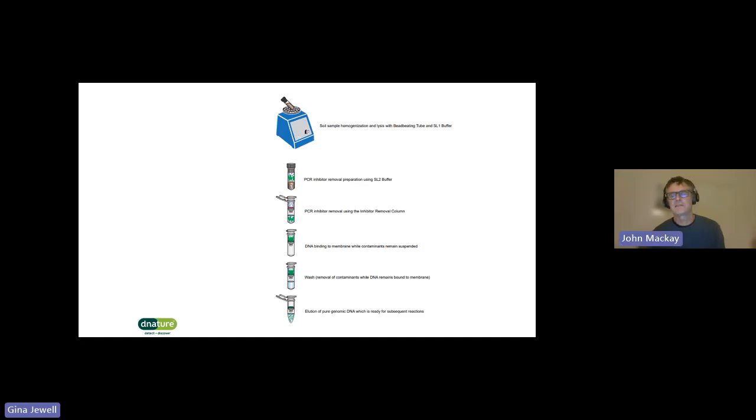But at the end, we basically end up with about 0.1 of a mil of water. And no matter what we're extracting DNA from, the DNA always ends up the same. We don't know whether our target sequence is present, but we have to extract DNA according to protocols that we have. And so Mark will have certain protocols for different targets in his laboratory, as we do in our laboratory at DNature in Gisborne. Next slide.